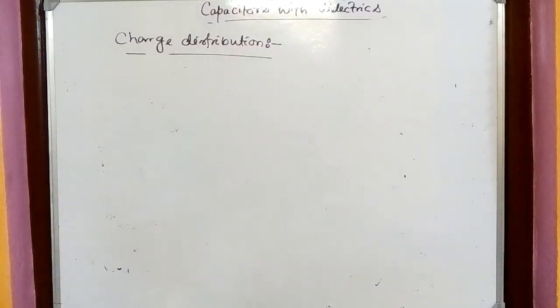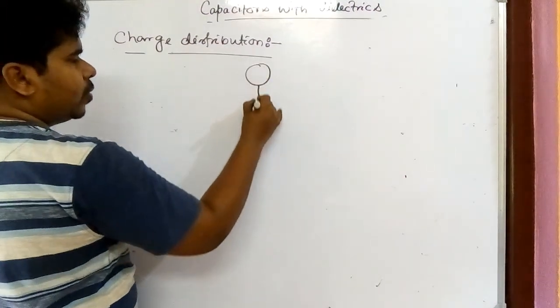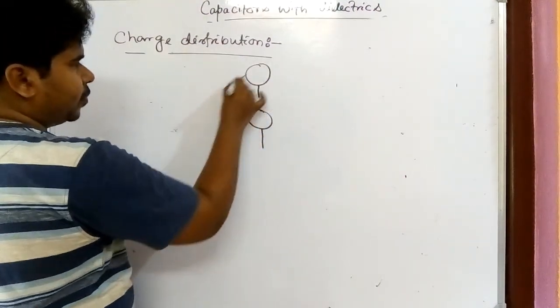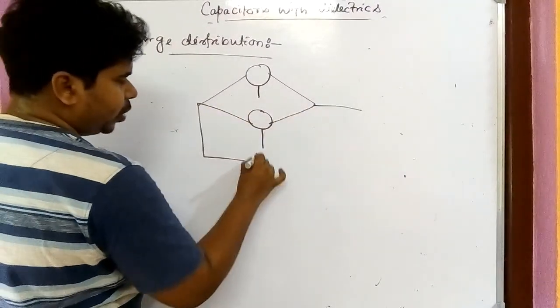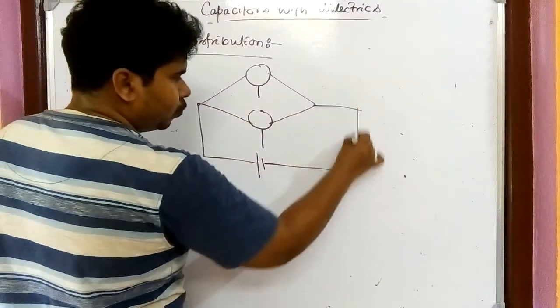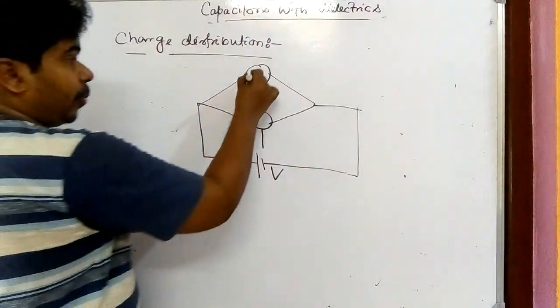What is charge distribution? Assume you are having two spherical conductors. If you connect them in parallel to each other with a potential V, then assume their capacitances are different.